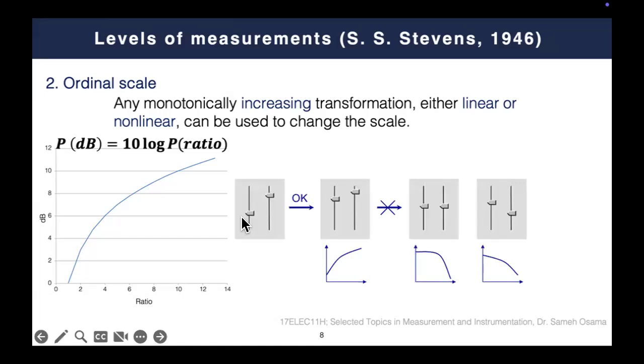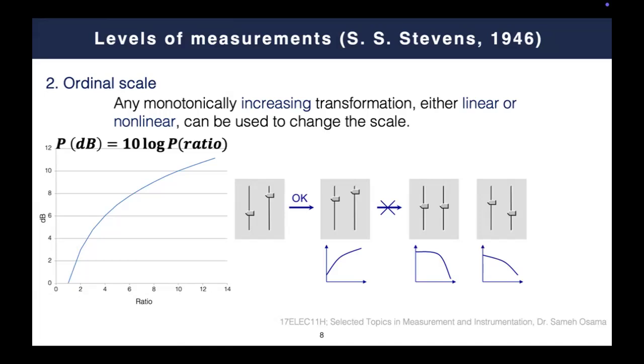If I have a state A and a state B, after conversion the gap between these two values will get closer, because you are transferring from a linear scale to a logarithmic scale. For example, if you are comparing 100 watts with 1 kilowatt, in the linear scale it's 100 to 1000.